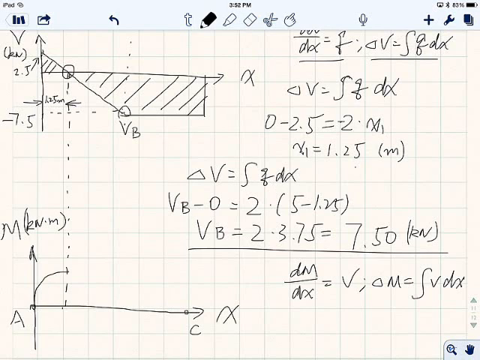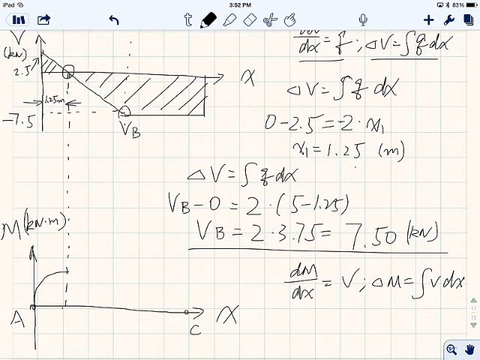If you look at this parabolic shape, initially the slope is a high number, then slowly the slope becomes 0, because dM over dx is nothing but the slope of V. Make sense? Okay.